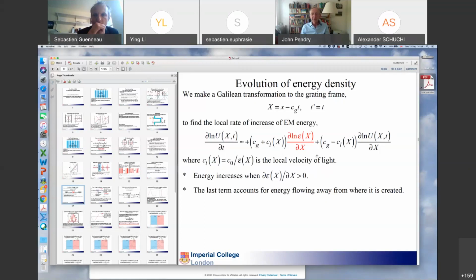And of course, the whole essence of this gain process depends on the light and the grating traveling at more or less the same speed. But if the speed of light varies with frequency, as you pump energy into the higher and higher frequencies of the light, eventually you get to a frequency which will be trapped in the grating and will escape from the grating.